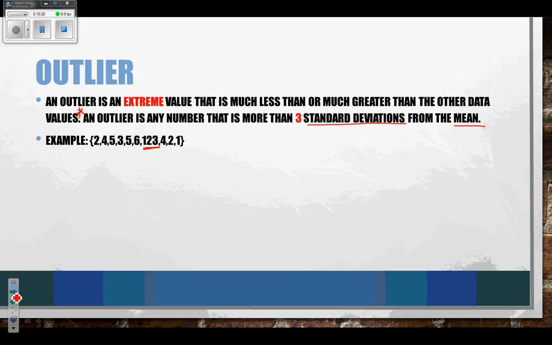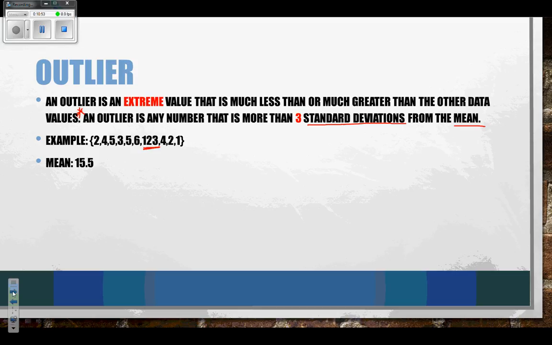First thing I have to find is the mean. Once you find the mean, you should get 15.5. Once we find the mean, the next thing we have to find is the variance.